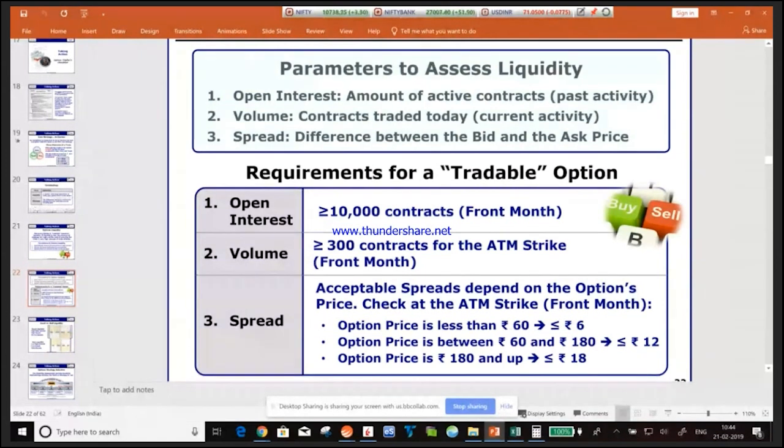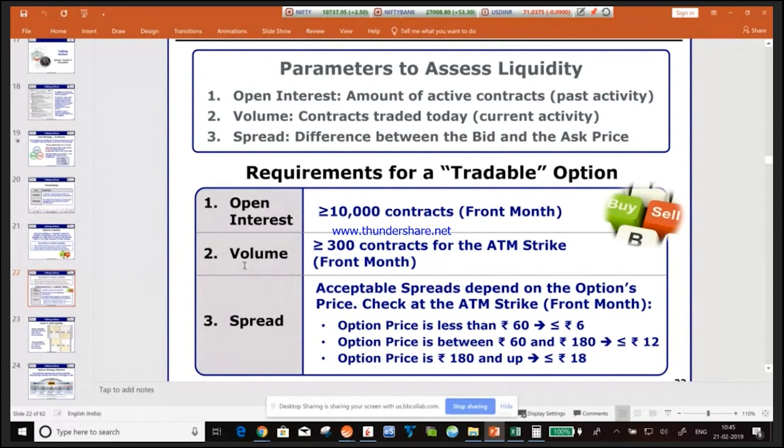You simply go and do this math. If everything is fine, we will add it to the list. You'll just have to inform us in any of the Excel sessions. Just let us know that Ajit, I have seen this. Similarly, Jet Airways was something that we added because it was earlier not in the list. Then a student pointed out that Jet Airways is liquid, so we saw everything, and then we added Jet Airways also to the list.